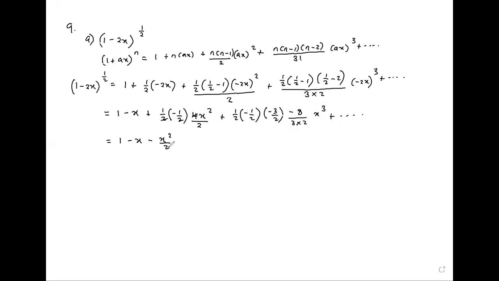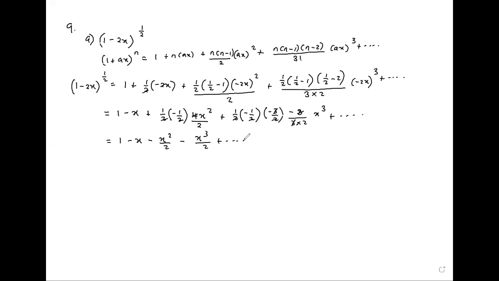Next, this 3 and this 3 will go, and we take away the 8, and it will remain negative. Simplifying, we get negative x^3 over 2, dot dot. This means that you have expanded up to and including the term in x^3.